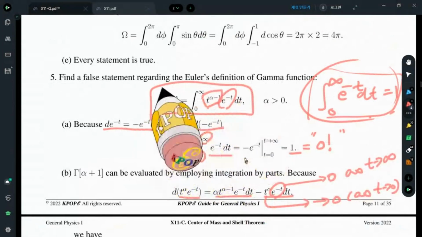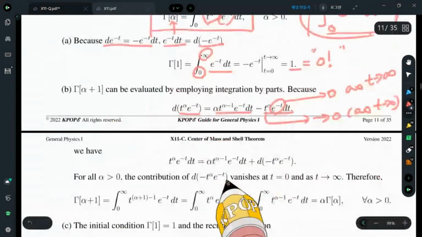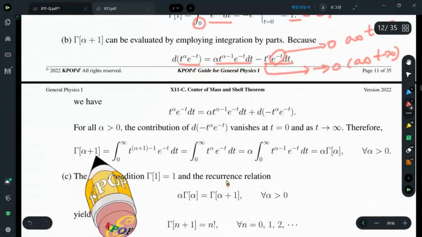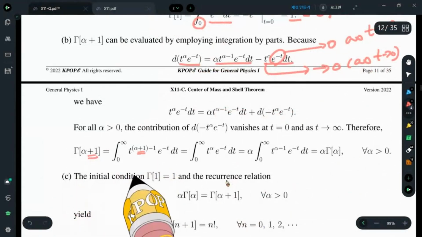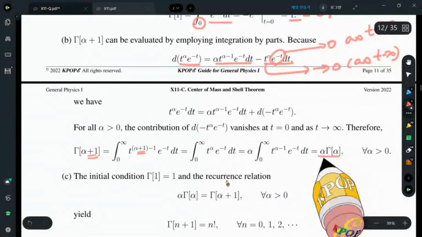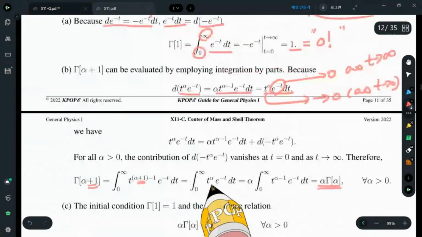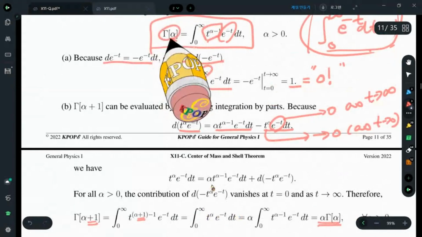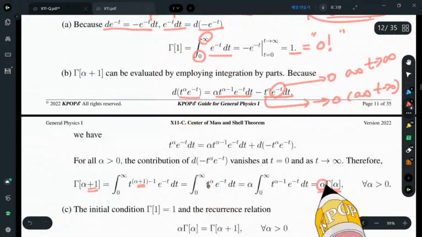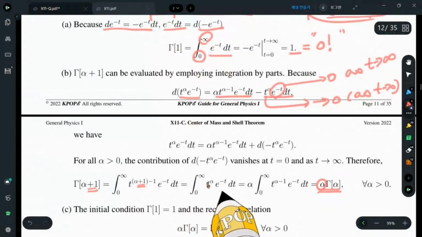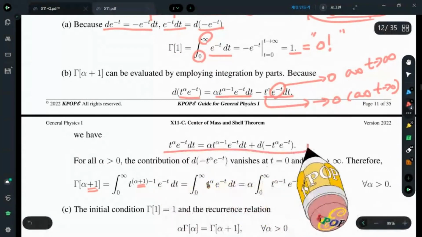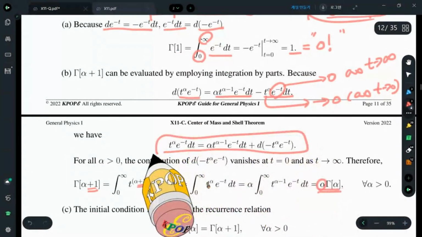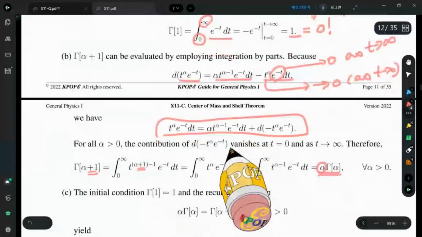If you know the answer for this, you substitute the value for alpha plus 1, just add 1, and find out the result is very similar to the previous one, but we have an additional factor alpha. It is a straightforward calculation by making use of this expansion and integration by parts.